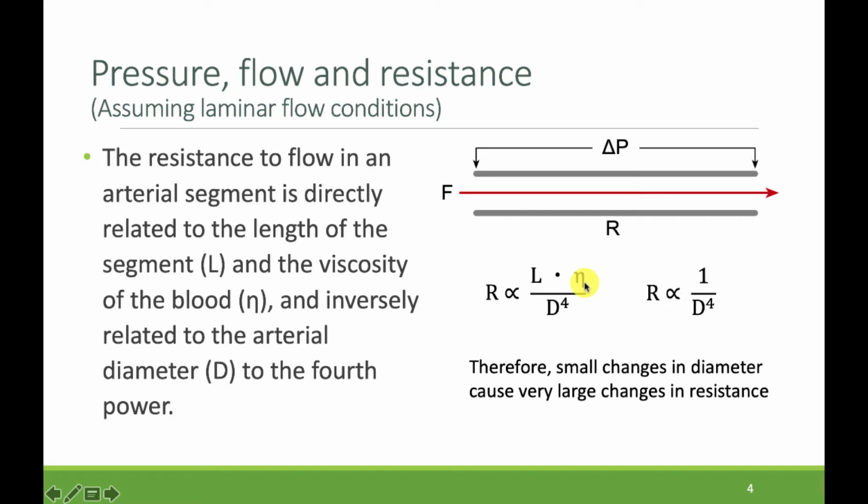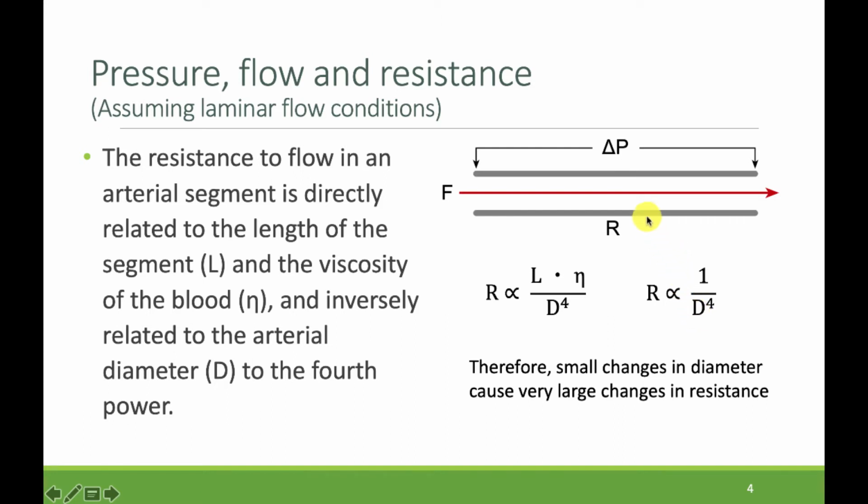So physiologically, the most important factor that determines the resistance to flow within the vessel is the diameter of the vessel. And so we can simplify this by saying that resistance is proportionate to 1 over the diameter to the fourth power.